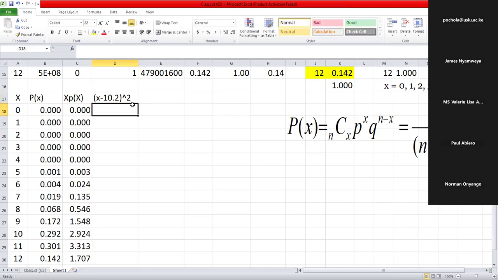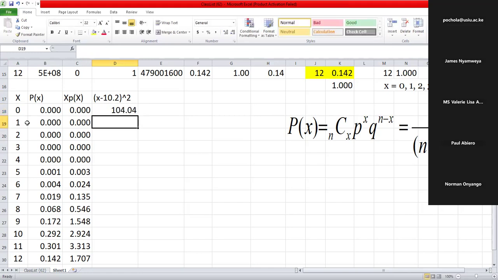Let's do that one first, so that we don't complicate it. So it is basically this one here. Which is the first value of x, of course, is 0. 0 minus 10.2 squared.